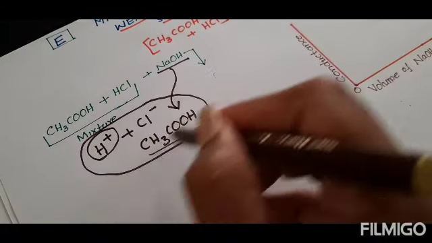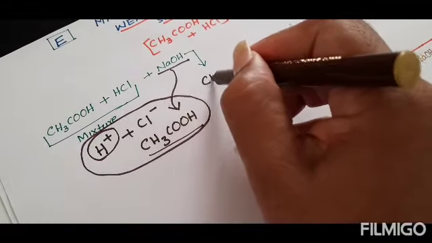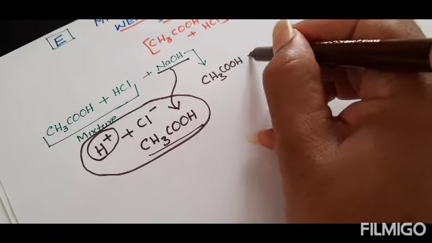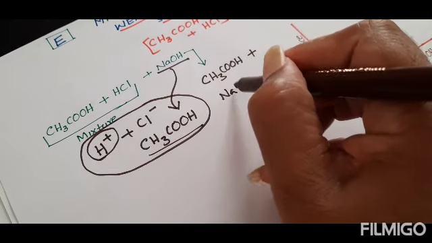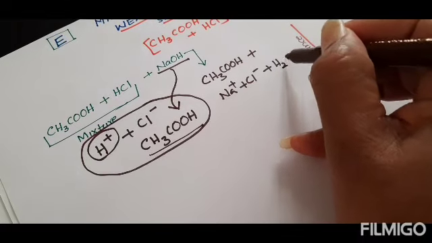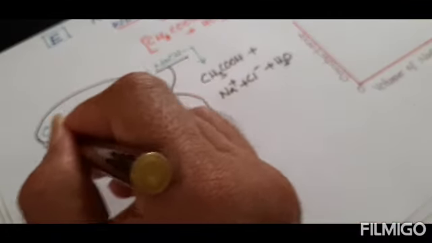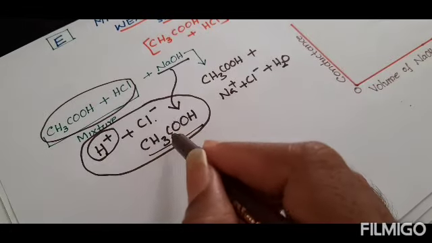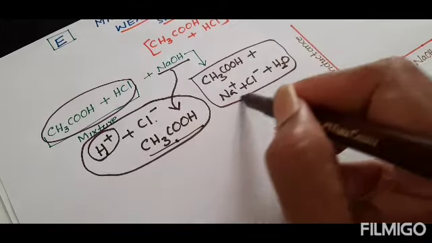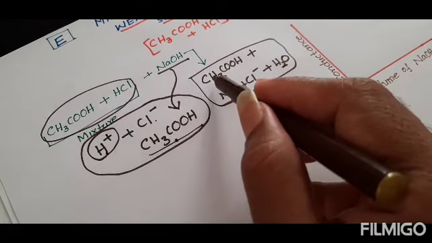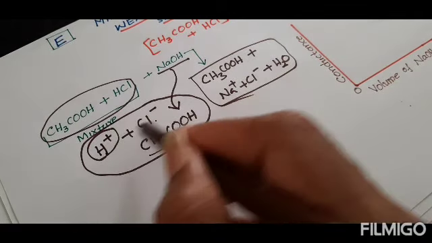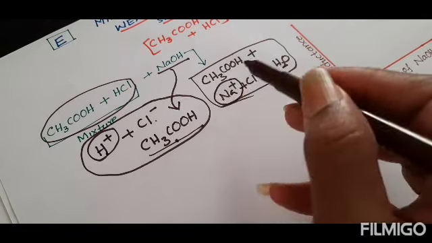So in the first step, you are getting CH3COOH plus Na plus Cl minus plus water. That means initially we have the ions H plus, Cl minus and acetic acid. Because of the first neutralization, acetic acid will remain, Cl minus will remain, and H plus is replaced by the Na plus.